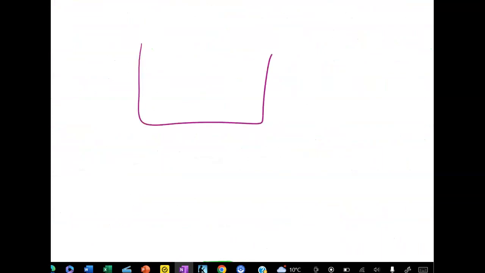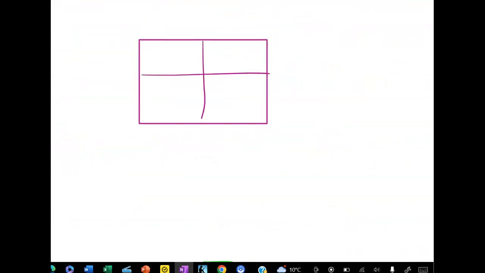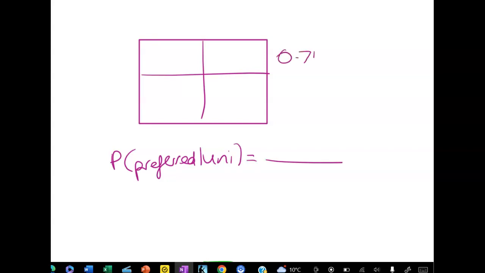Right, so we've got our table in front of us still. The probability of it being the preferred career pathway, given that someone's going to uni, means I'm going to want to have, let's see, what numbers have we got? I've got 0.716 here, and I've got 0.634 here.